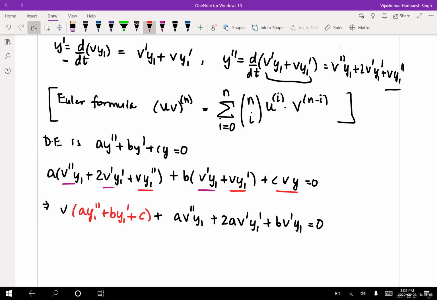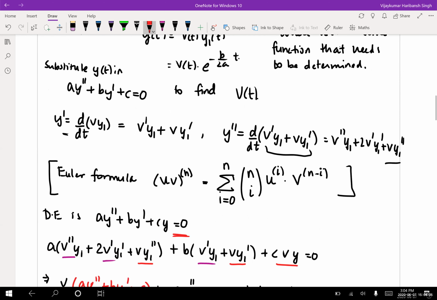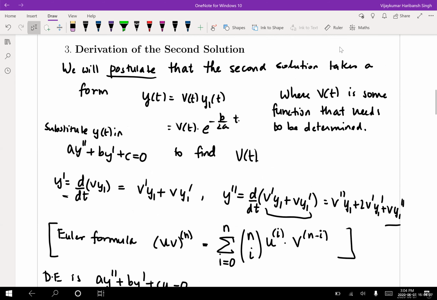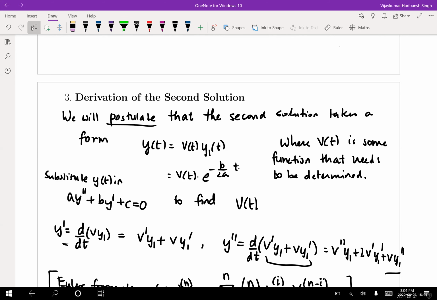So this part is going to be 0. Why is that? Because y1 satisfies the DE, right? Your DE is a y double prime plus b y prime plus c y equals 0. And in this equation, we have already started with the fact that y1 is a solution.